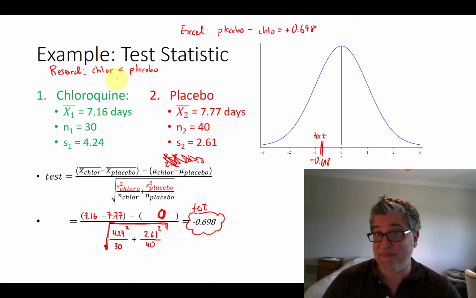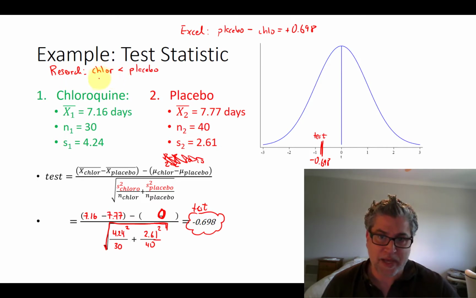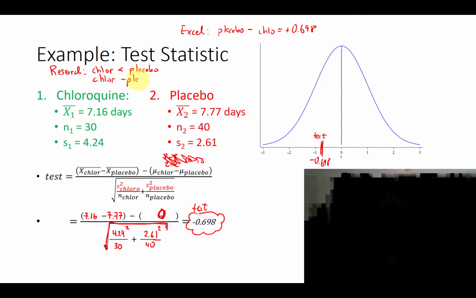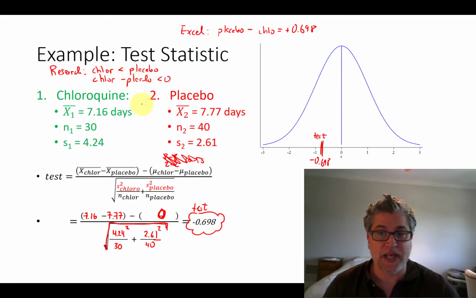And so we would only accept the research hypothesis, we would not reject the null, if we got chloroquine minus placebo was massively less than 0. So our critical value should be some negative number in the way that we set up our problem. Now, whether it's negative in here or negative there, I'm not sure yet. Just trying to figure out what side of this thing we want to be.